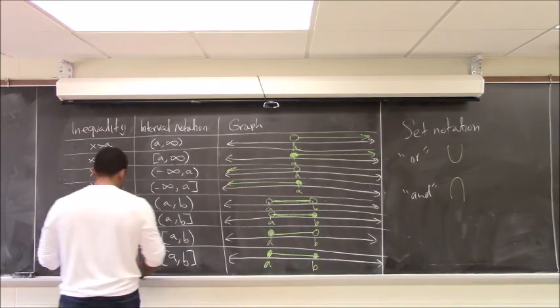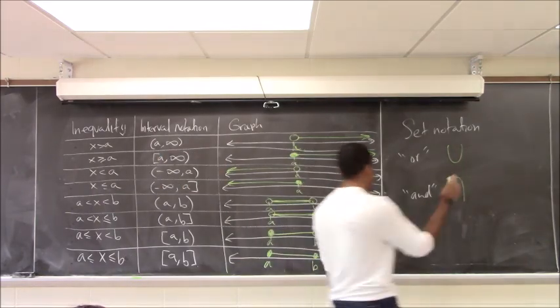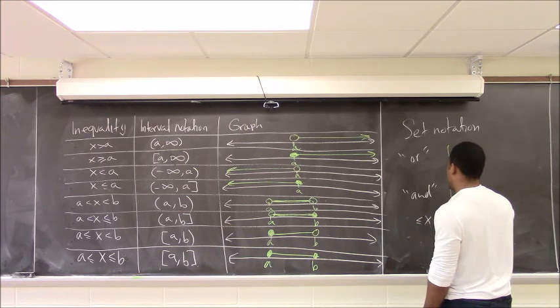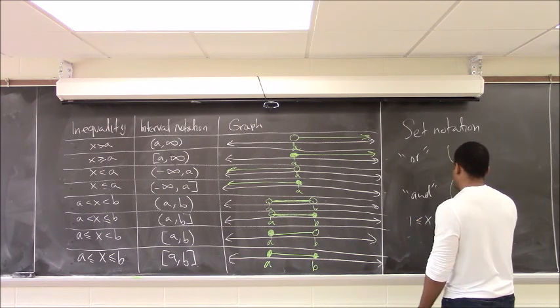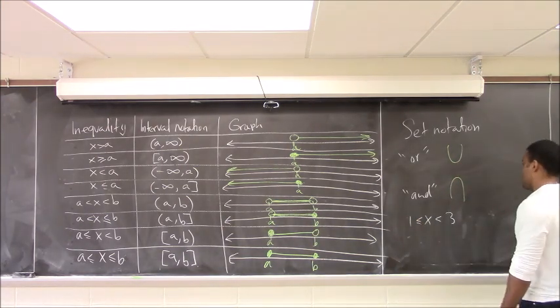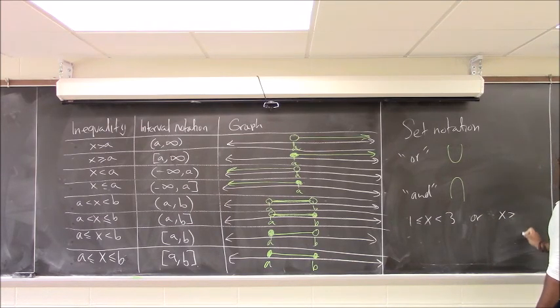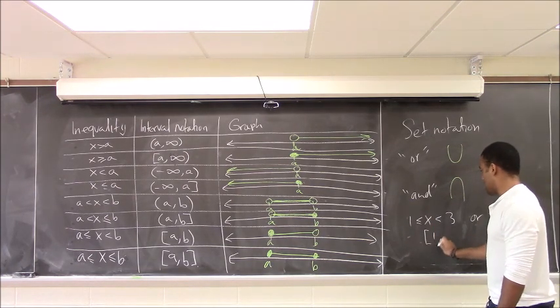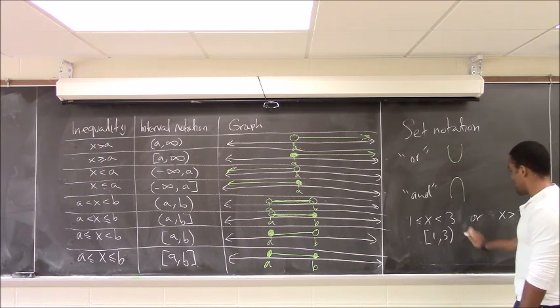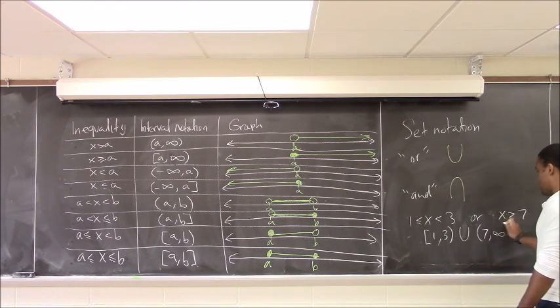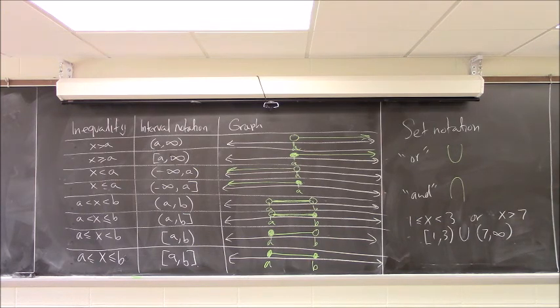So someone could say something like, x is between 1 and 3, not including 3, or x is greater than 7. So in interval notation, you would write this as the interval from 1 to 3, not including 3, union the interval greater than 7. So you can combine statements with the or and the and.